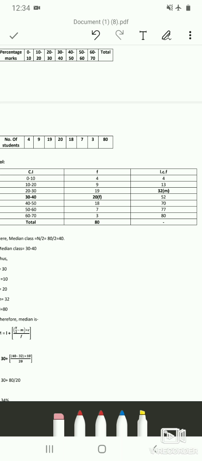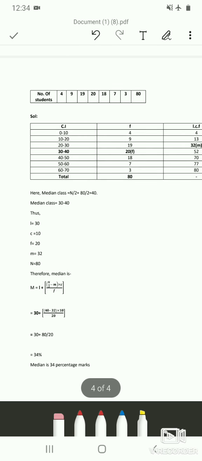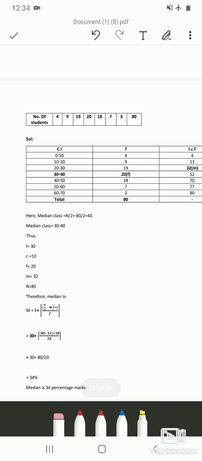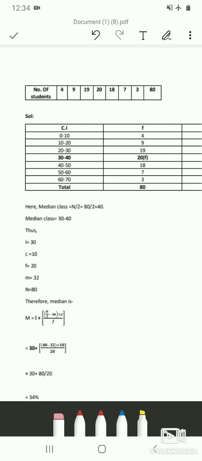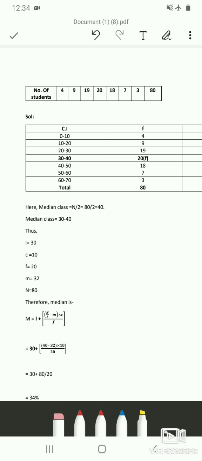So once you get the median class, let's find out each term. So in the formula we have L plus N upon 2 minus m into C, whole divided by f. So let's see what is L. We know that L is the lower limit of the median class. So here this is the median class, and the lower limit is 30.